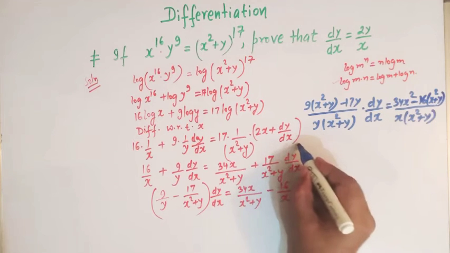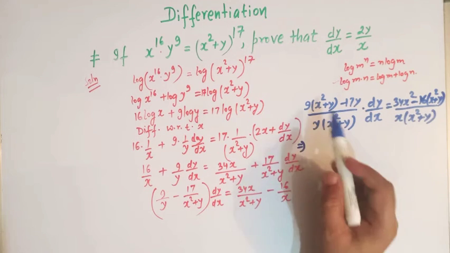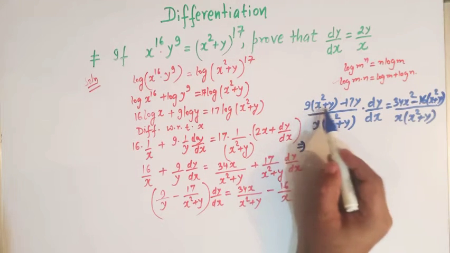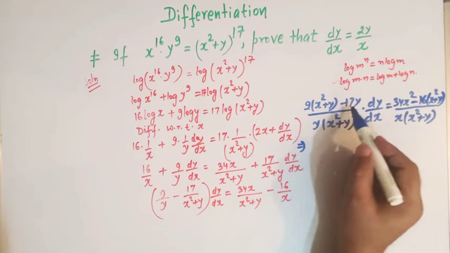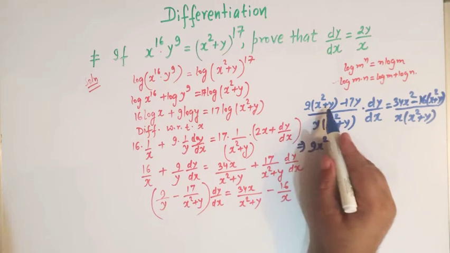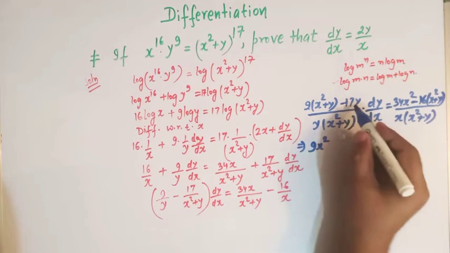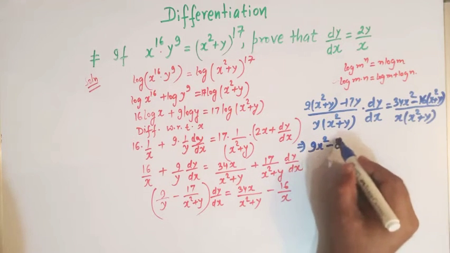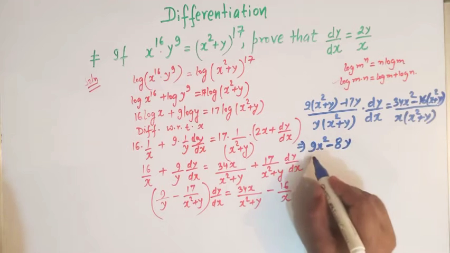Now this is 9x square plus 9y minus 17y, which is 8y.